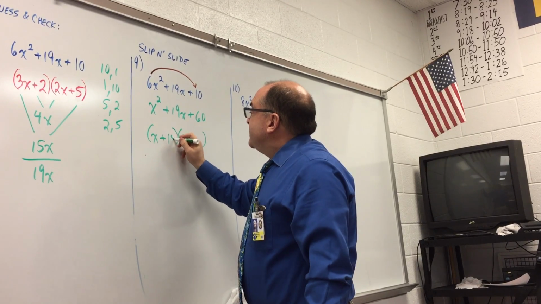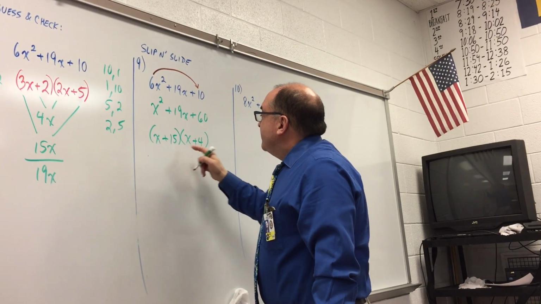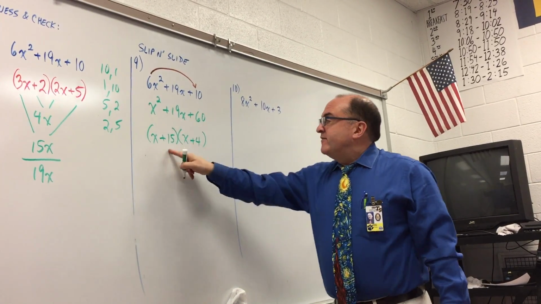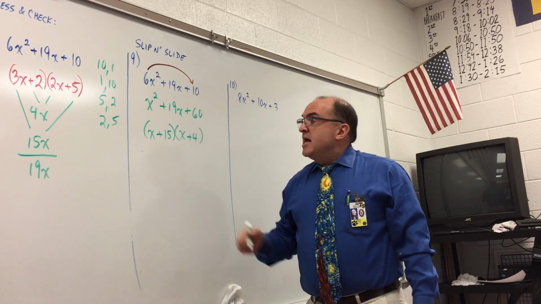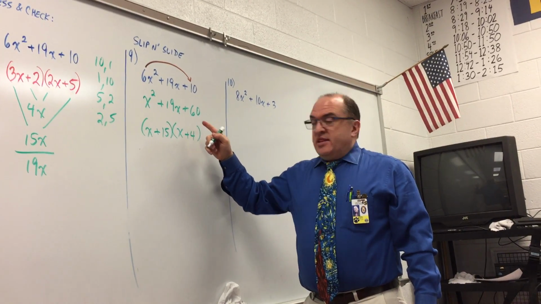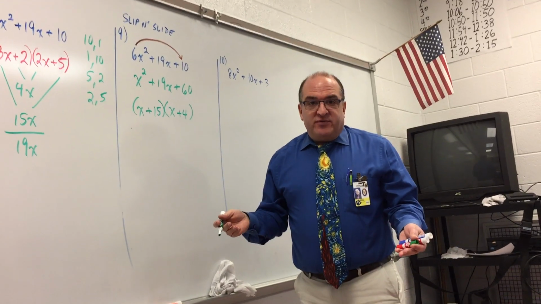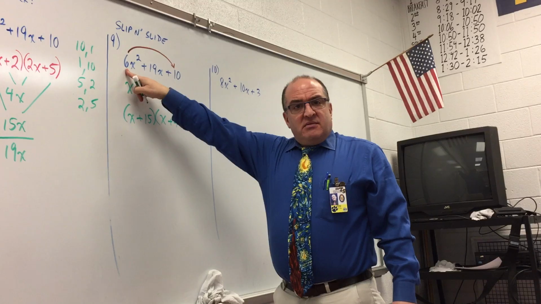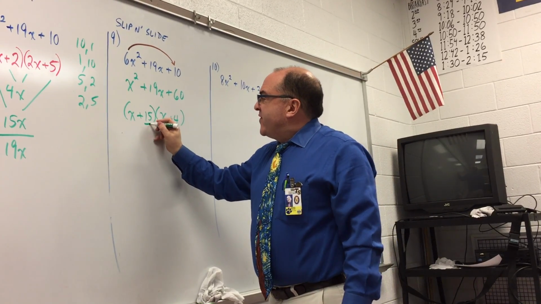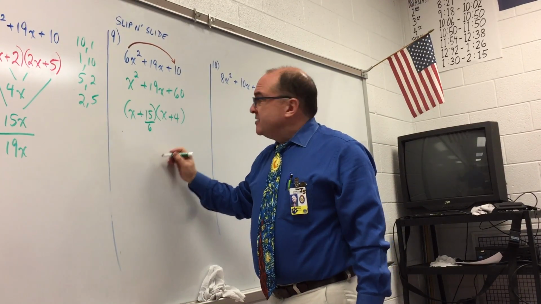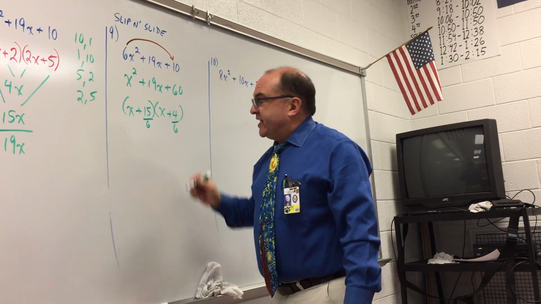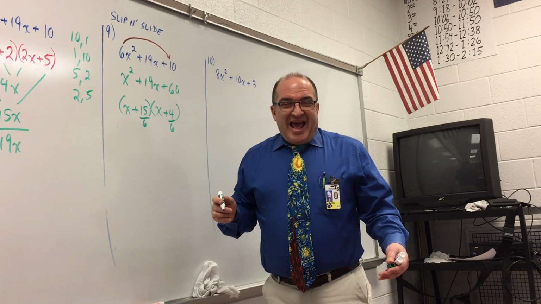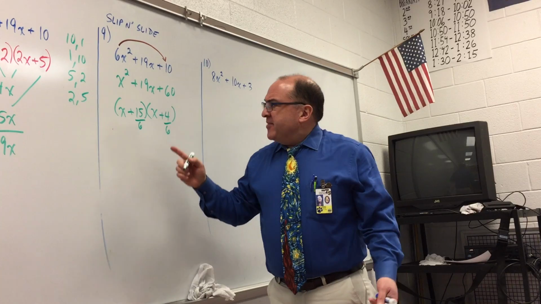Well, 15 and 4. 15 plus 4 is 19. 15 times 4 is 60. And now that's factored. But now what you have to do is say, oh, this 6, I'm going to put this over 6 and this over 6. And I have to reduce that.